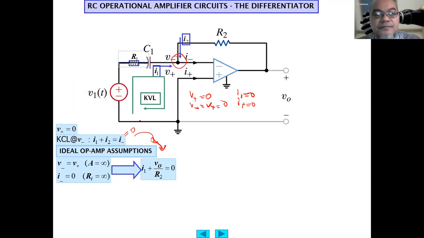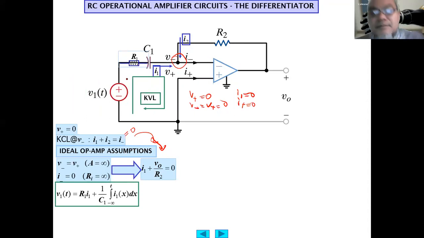Then we use Kirchhoff's voltage law at this loop. V1 equals the voltage across R1, which is I1 times R1, plus the voltage across C1. For the capacitor we use the integral form of the capacitance law.